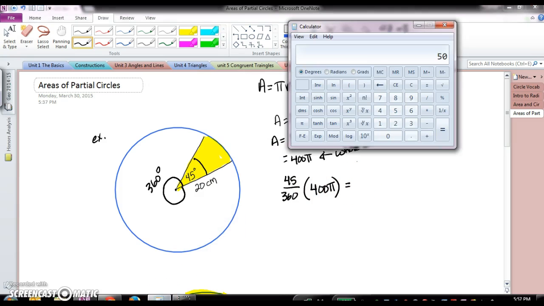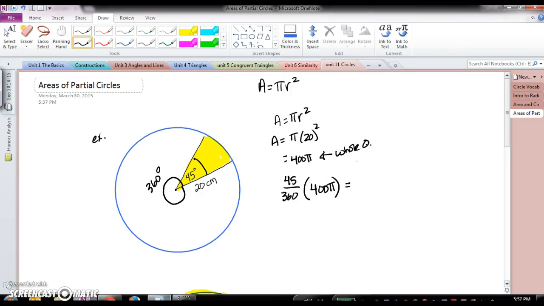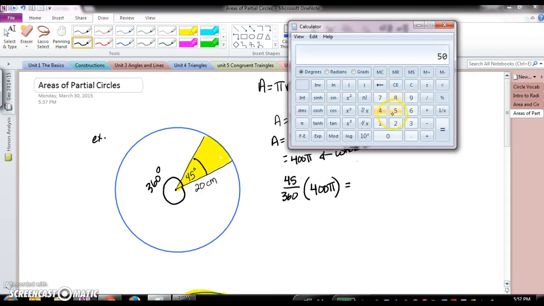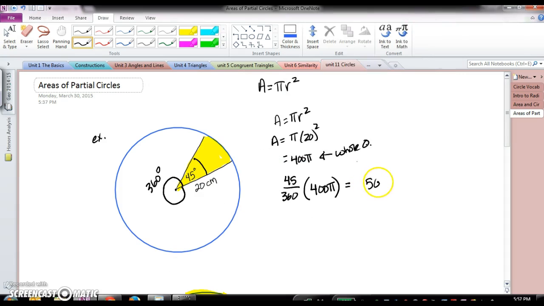A little bit of multiplying and dividing, and we get 45 times 400 divided by 360. That's about 50 centimeters squared, which is the area of just the yellow part.